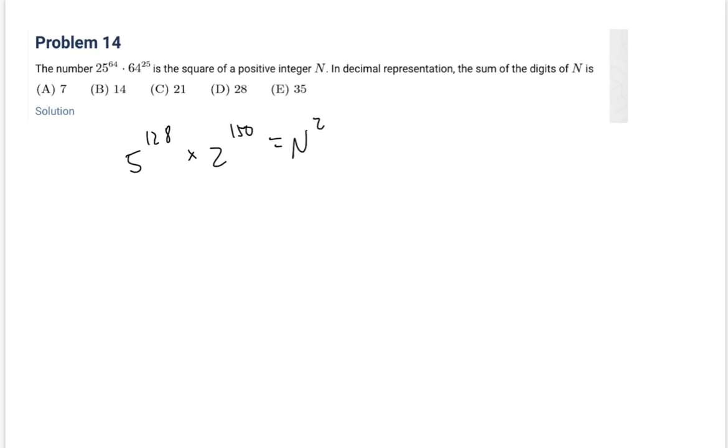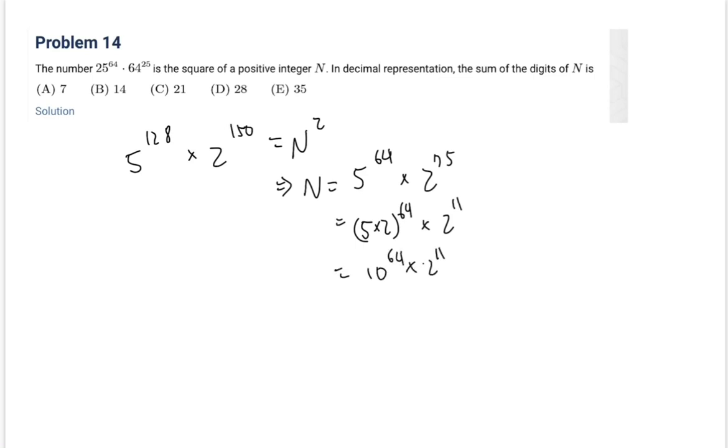This is n squared. So n would be 5 to the 64th power multiplied by 2 to the 75th power, which is 5 times 2 to the 64th power multiplied by 2 to the 11th power, which is 10 to the 64th power multiplied by 2 to the 11th power.